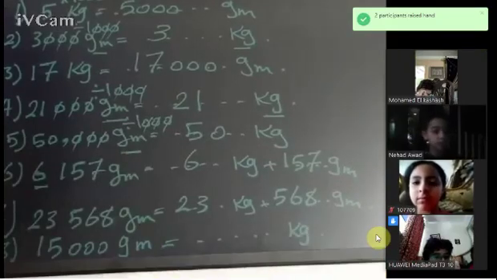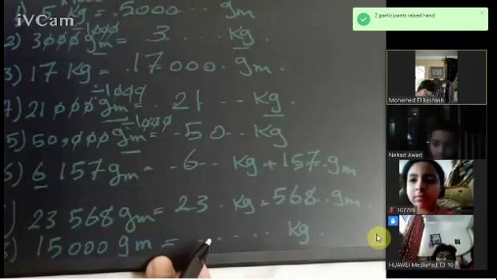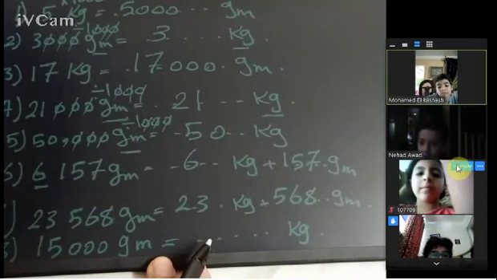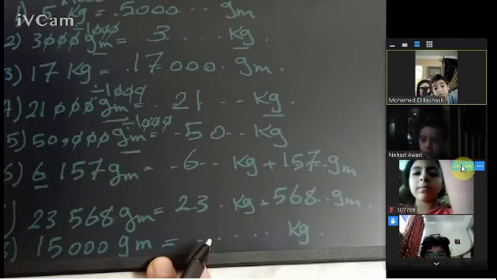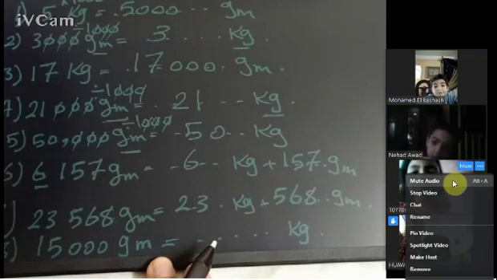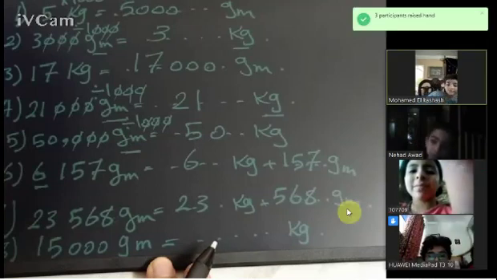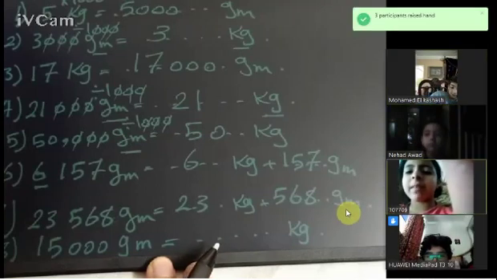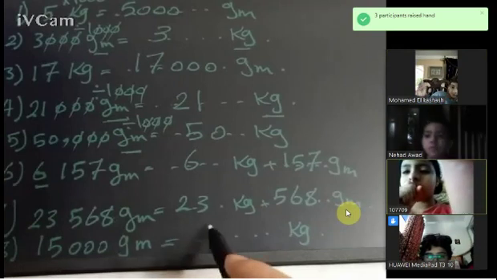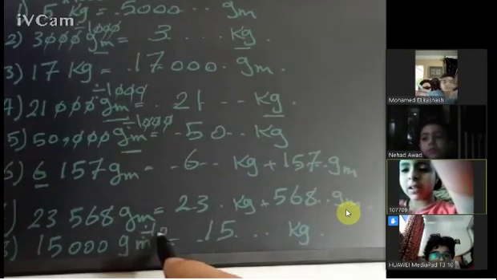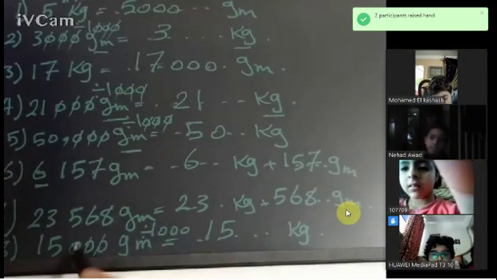Yes, Noor? 15. Yes, it's 15. Because from gram to kilogram, we are dividing by 1,000. That means erasing 3 zeros together.